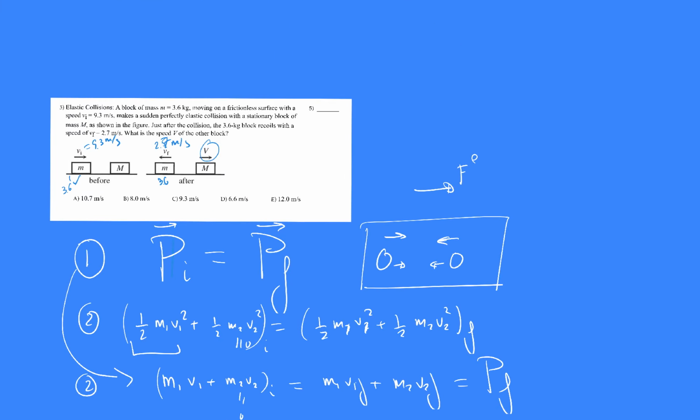So v1f is recoil, and it has a negative velocity.